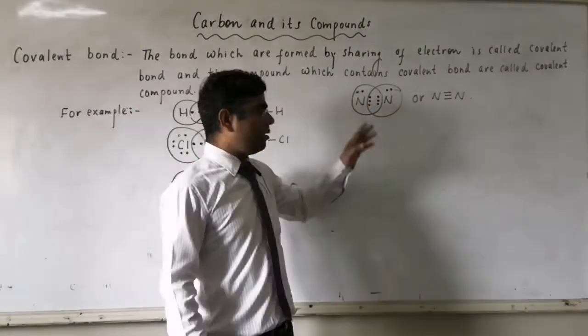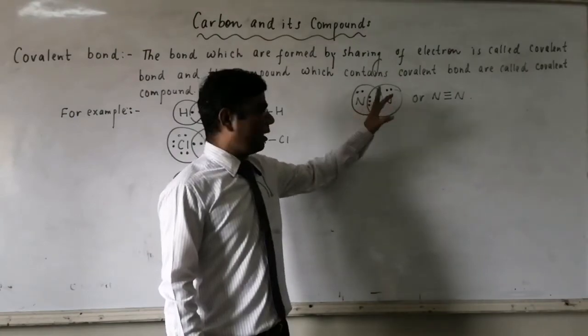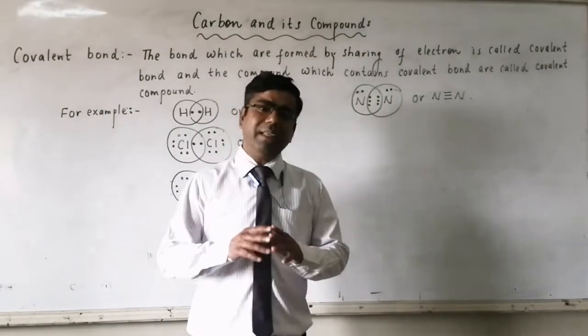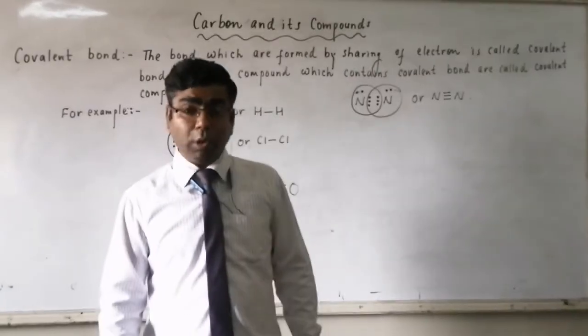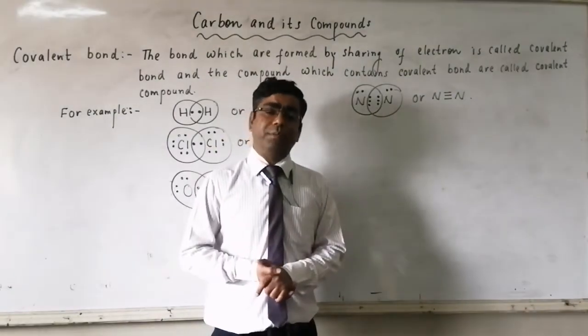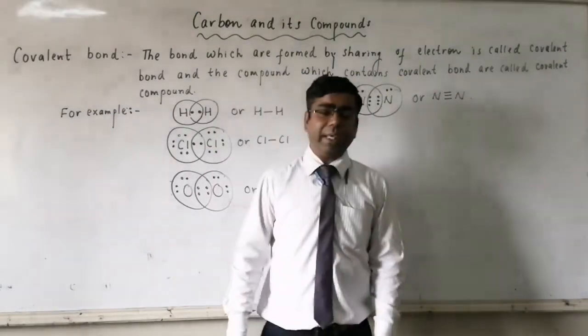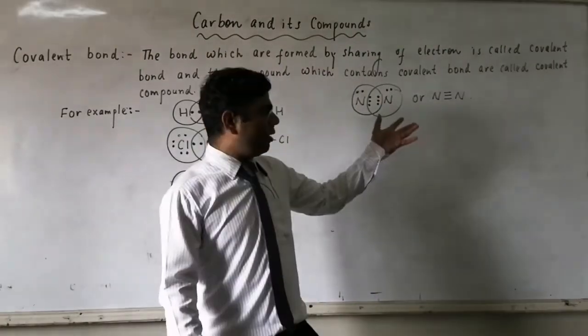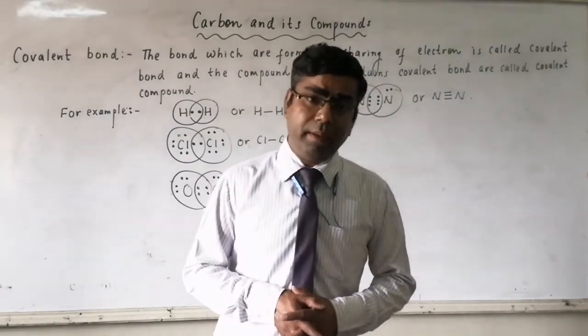Octet of the first nitrogen atom is complete. 1, 2, 3, 4, 5, 6, 7, 8. Octet of the second nitrogen atom is complete. Because 3 electrons from each atom are contributed, there will be formation of a triple bond between the nitrogen atoms. This bond is also called a triple bond, or triple covalent bond.